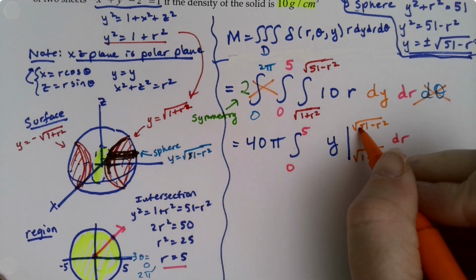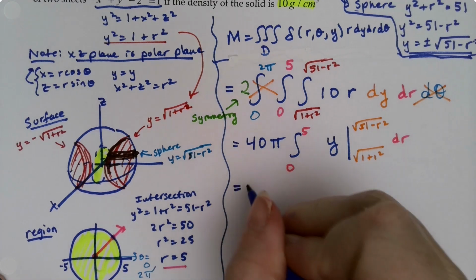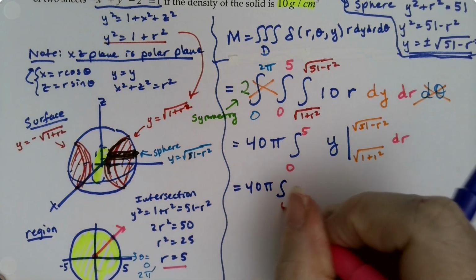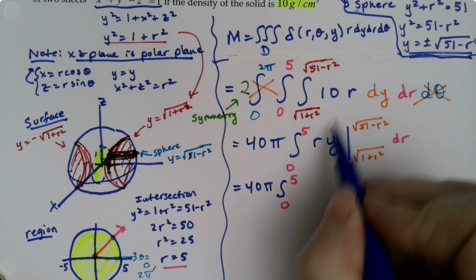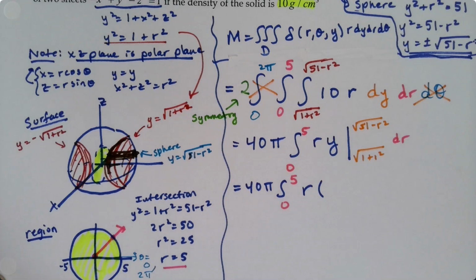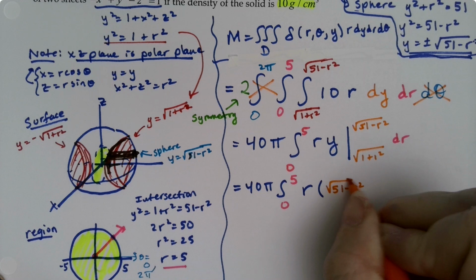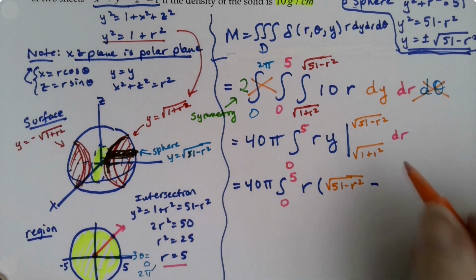That's a 51. So that means we have 40 pi, integral from 0 to 5. Oh, and there's an r still sitting there, sorry. r times the square root of 51 minus r squared, minus the square root of 1 plus r squared.